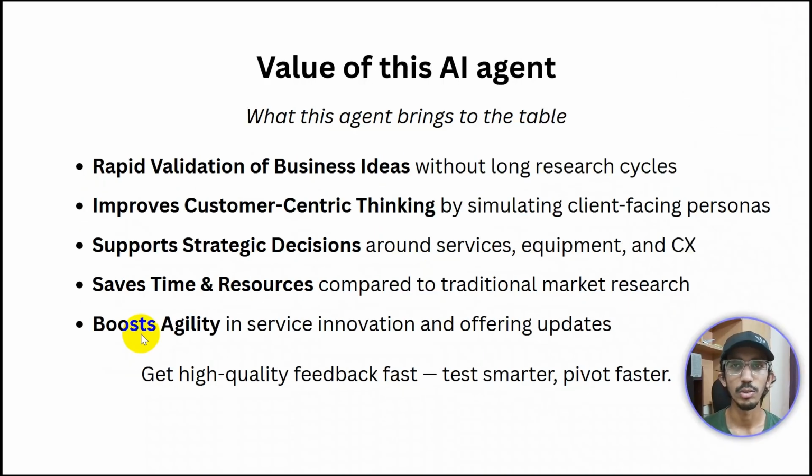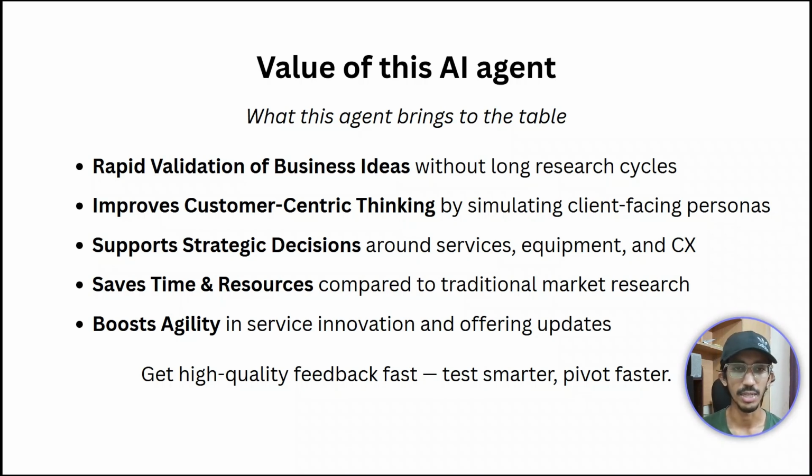So what's the value of this AI agent and what it brings to the table? At first, we can get rapid validation of business ideas without the long research cycles that are typically associated with it. Then we can improve the customer-centric thinking by simulating client-facing personas. We can support strategic decisions around services, equipment, or anything regarding customer experience.